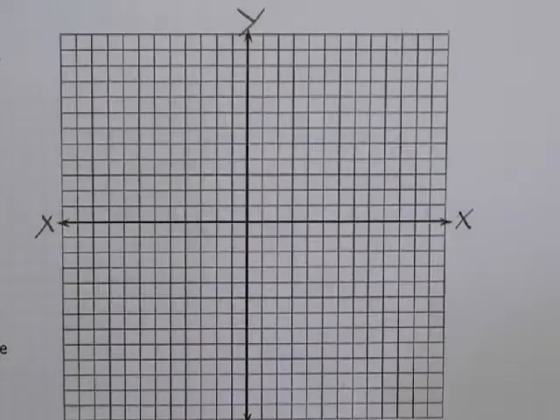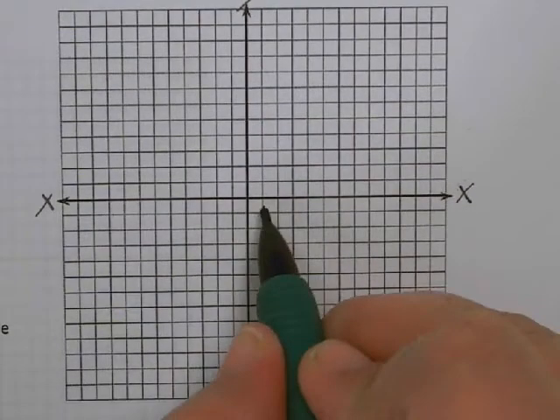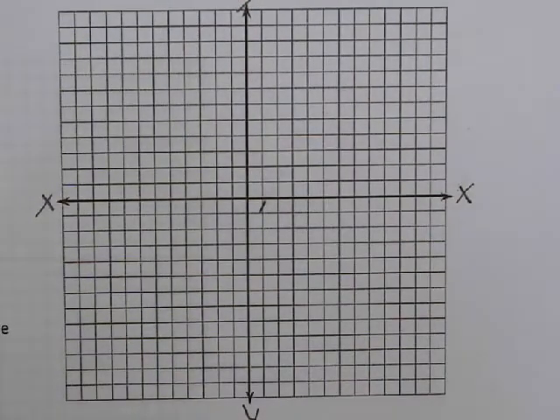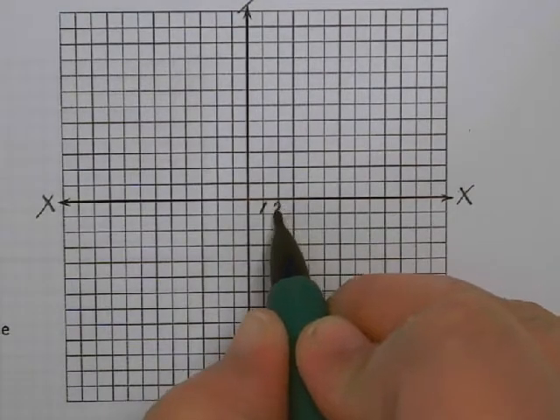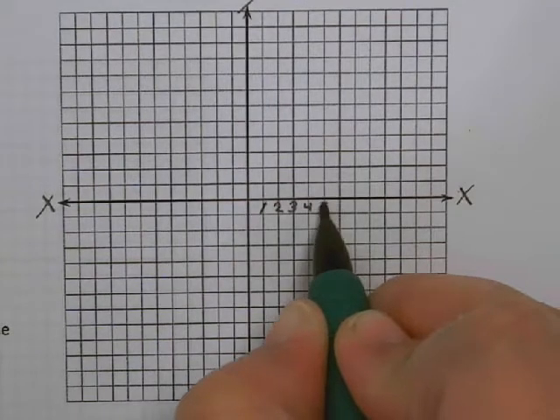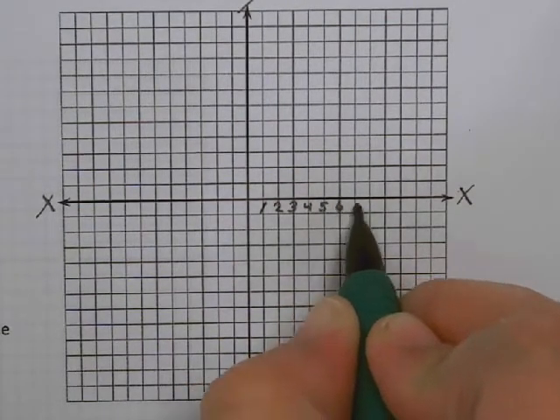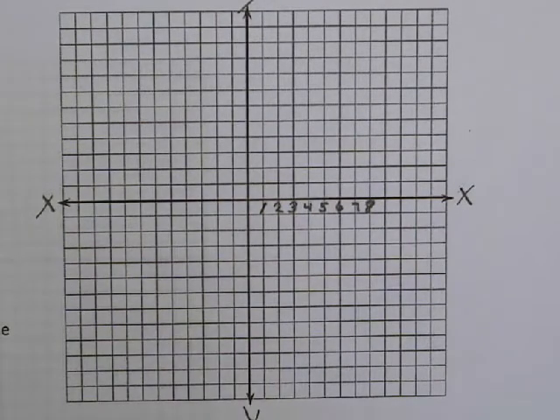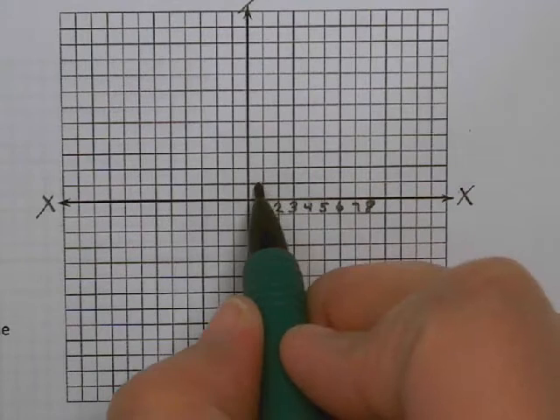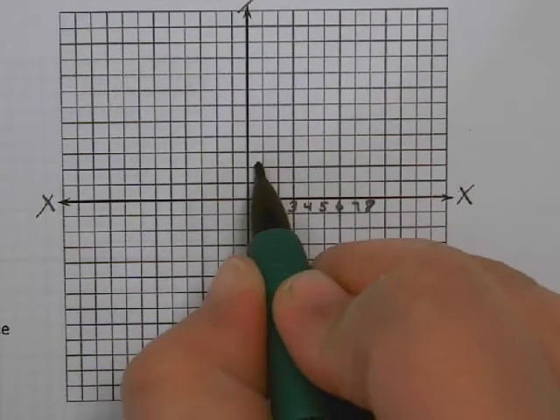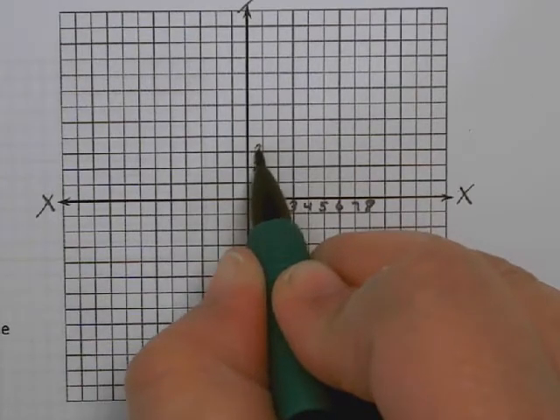So I labeled that y. So we're going to first start off by putting in our positive numbers. And I usually will slant my 1 because otherwise I can't see it. And you'll notice that I'm writing it right on those lines. And then when I'm counting up on the y, I'm going to put it on those lines.